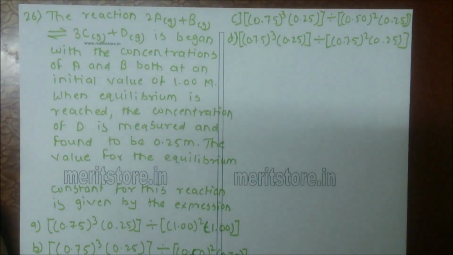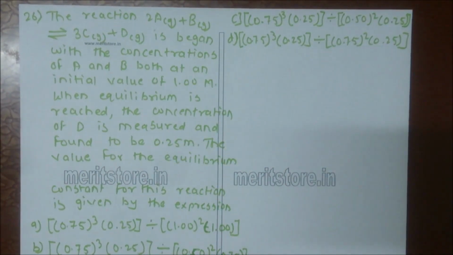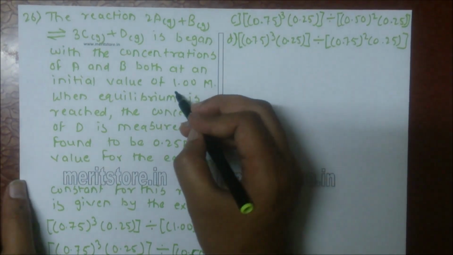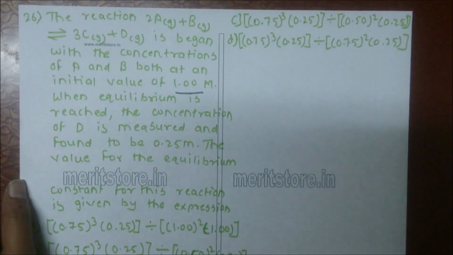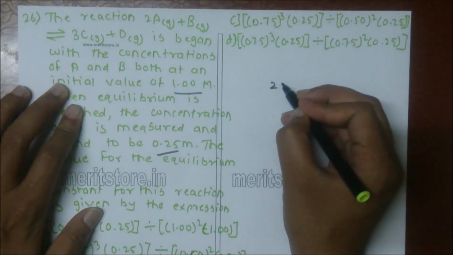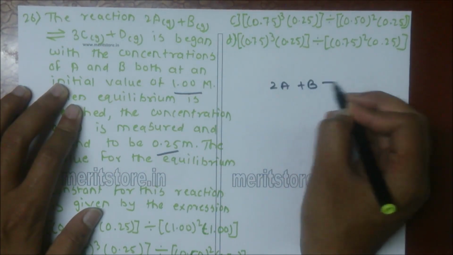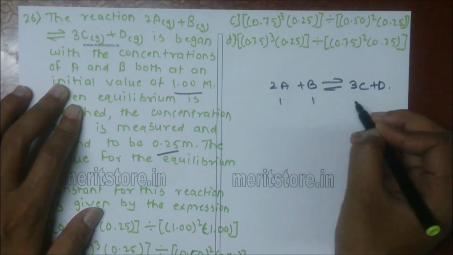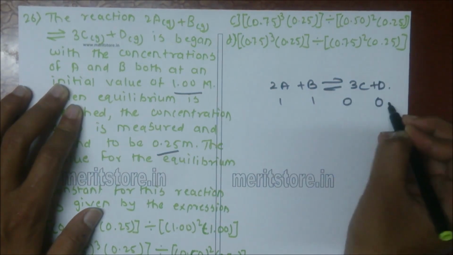The reaction 2A plus B gives 3C plus D begins with the concentration of A and B both at an initial value of 1 mole. At equilibrium, the concentration of D is measured and found to be 0.25 mole. The value for the equilibrium constant for this reaction is given by the expression. We can write the equation as 2A plus B gives 3C plus D. Initial concentration is 1, 1, 0, 0.